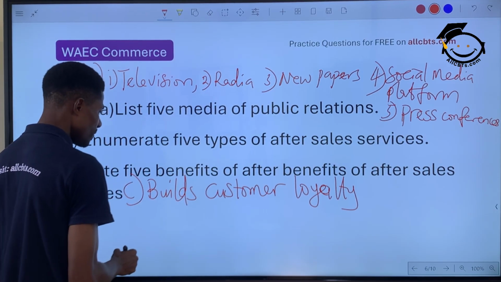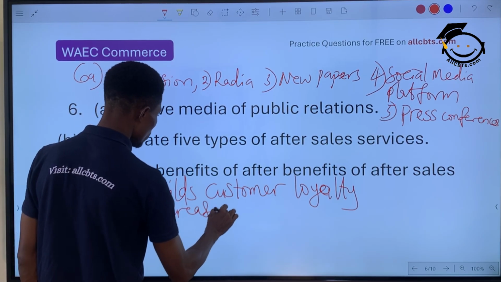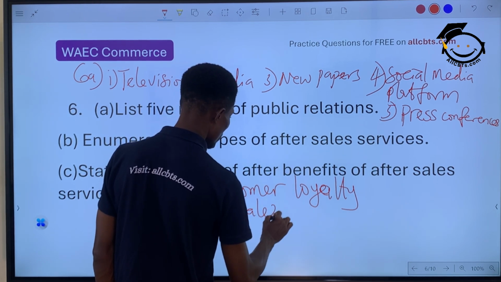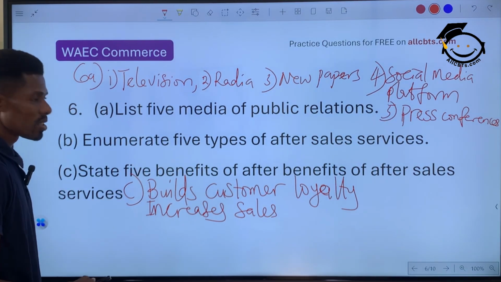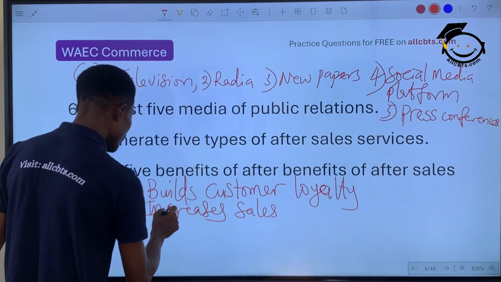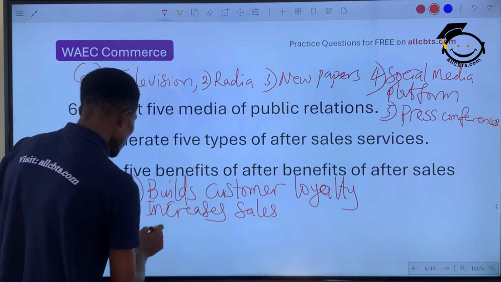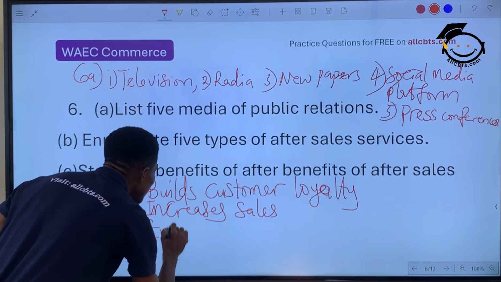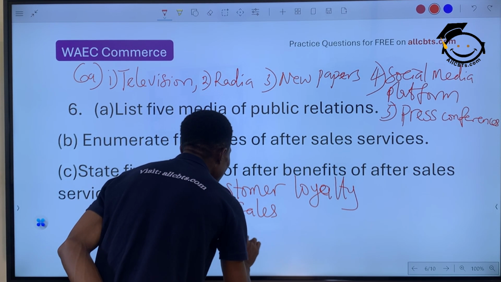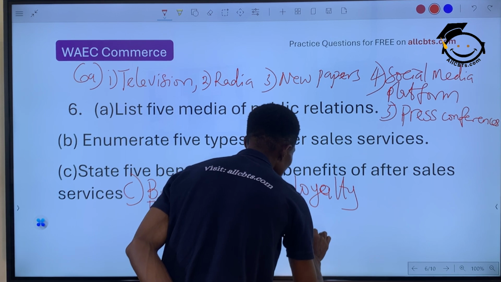Second thing it does is that it increases sales. The third benefit we have is it enhances brand image.